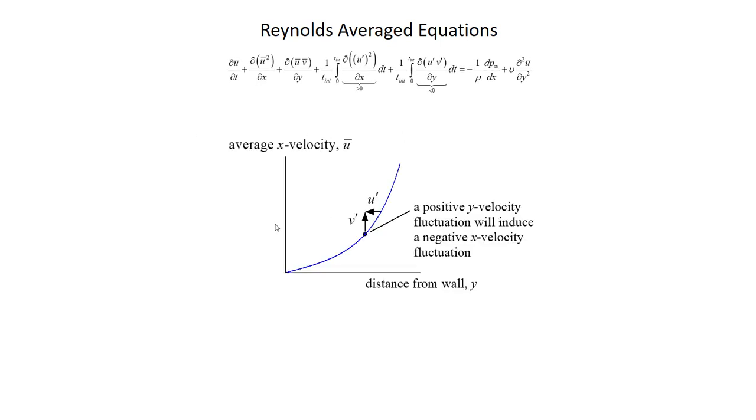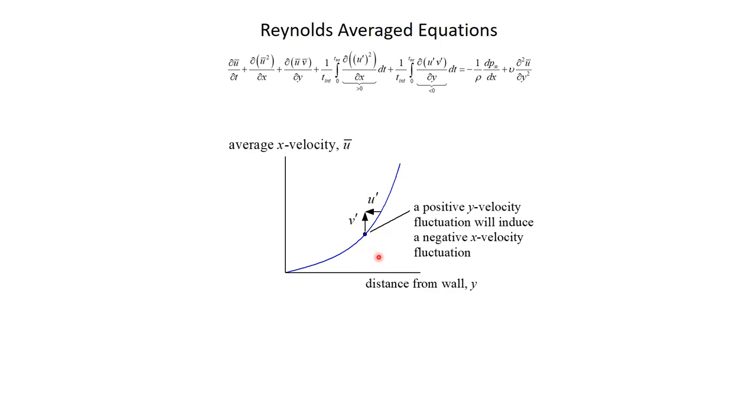And to see why this is true, consider this velocity distribution right here. So here I've plotted the average x velocity as a function of position from the wall, right? So here's the no slip condition, and here I'm traveling up towards the free stream, but there's this gradient, right? And the point is that if I have a positive v prime, what that physically means is that I'm actually taking a hunk of fluid from closer to the wall and moving it up away from the wall.